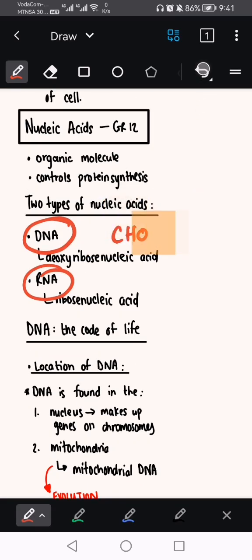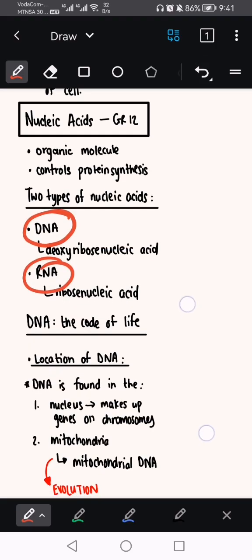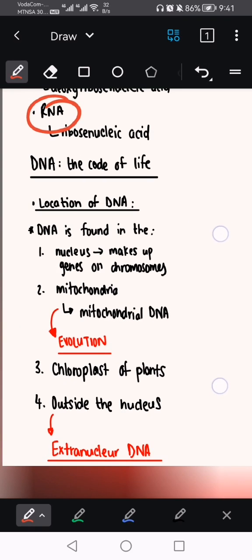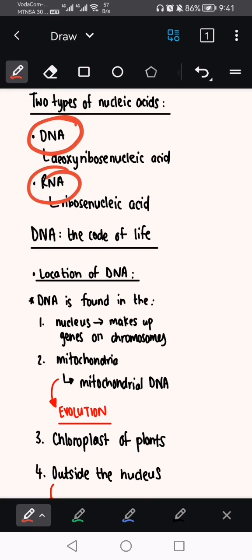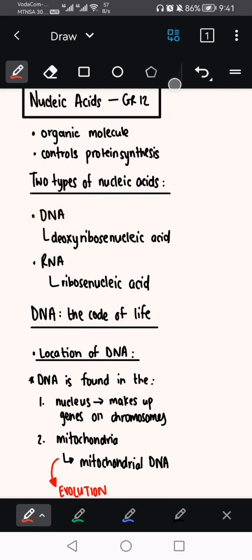Now, DNA and RNA. We're going to look at DNA first, and we'll come back to RNA a bit later. DNA stands for deoxyribose nucleic acid. Deoxy meaning that it has a lack of oxygen. Ribose meaning that it's a sugar.